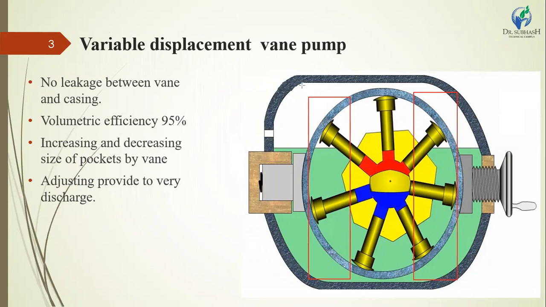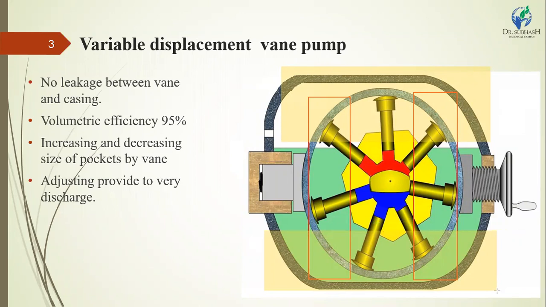At the side where the volume is increasing, this portion is called the suction side. This yellow shade is the suction side. And here the volume between the vanes' pockets is decreasing. This area is called the discharge side.